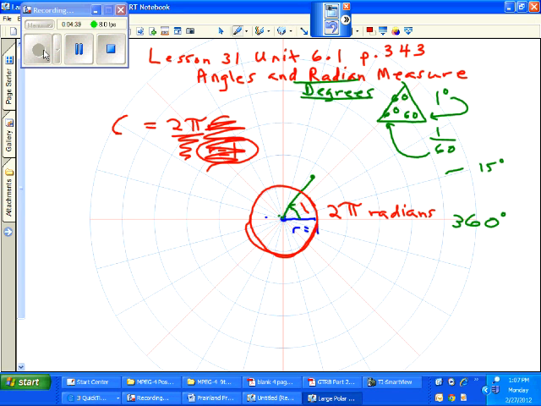So in a degree, I'm trying to just make this make sense to you. If we're talking about an angle measure in degrees, we're talking about clicks. How many clicks of rotation? We could say, well, there's 60 clicks of rotation out of 360 possible clicks of rotation. When we're talking about radians, we're not talking about clicks of rotation.